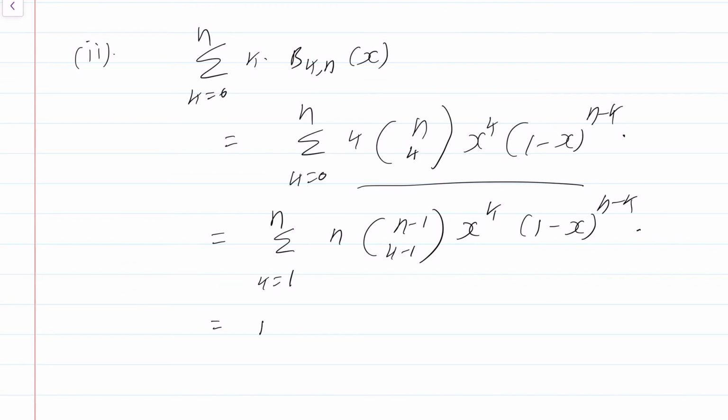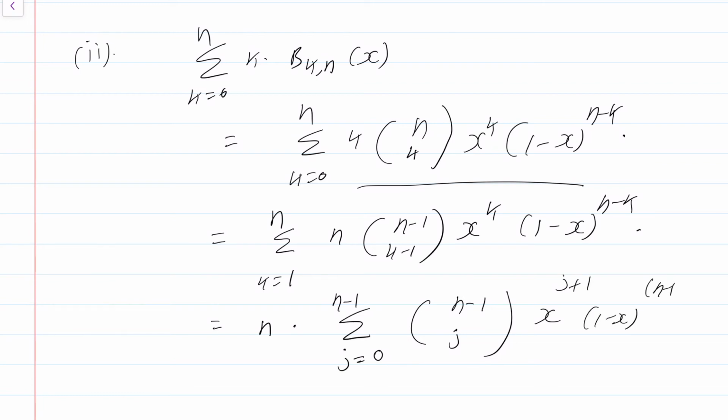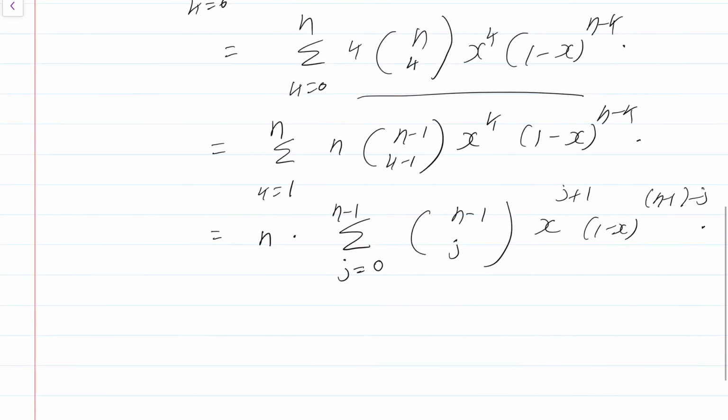So we can write this as n times summation j equals 0 to n minus 1 of (n minus 1 choose j) x^(j+1) (1 minus x)^(n minus 1 minus j). All I have done is set k minus 1 to be j, that is, set k to be equal to j plus 1.